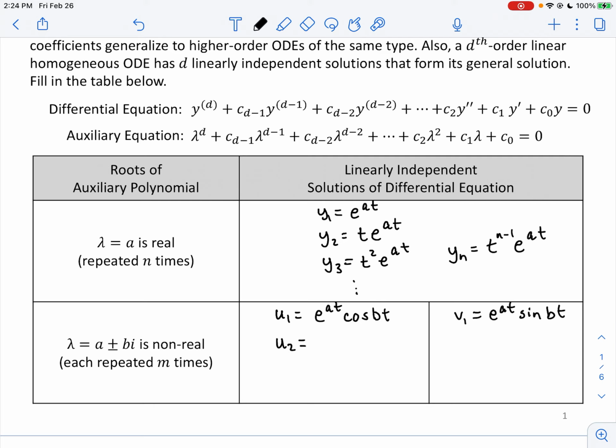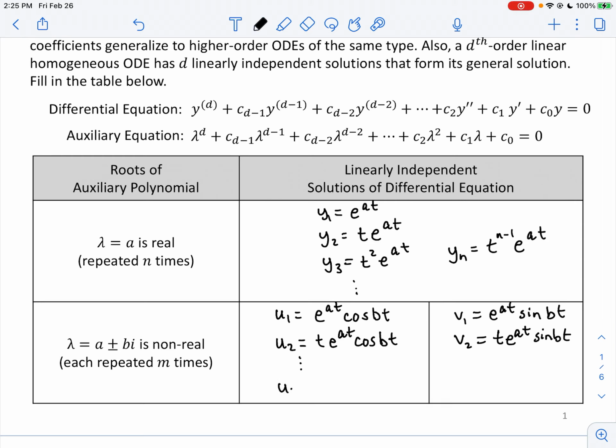And each time we want to get a new linearly independent solution, we just multiply by an extra t. So this would be t e raised to the at cosine of bt, and the next v will be the same thing, but with sine. And we would continue this until we got down to the mth repetition of this complex root.